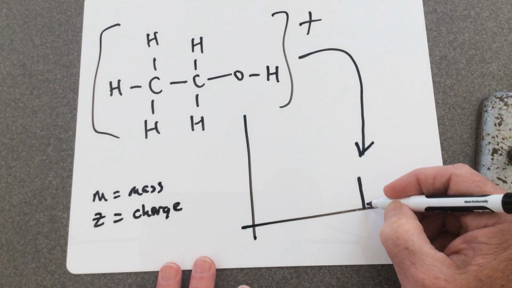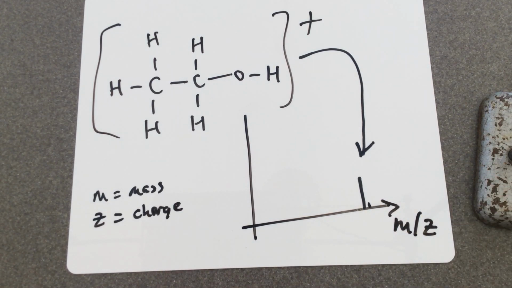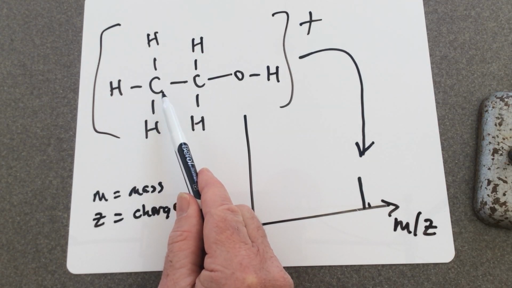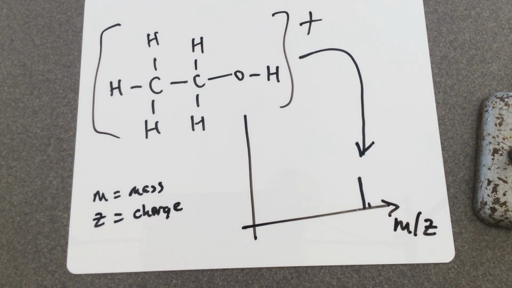Sometimes you might see a really tiny peak at one value higher than the molecular ion peak. That occurs because sometimes in a very small percentage of molecules, one of the carbons will be an isotope.